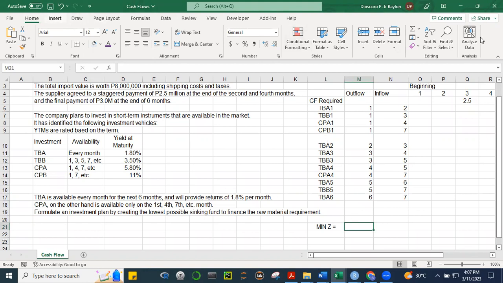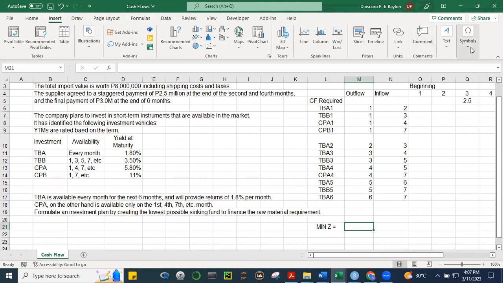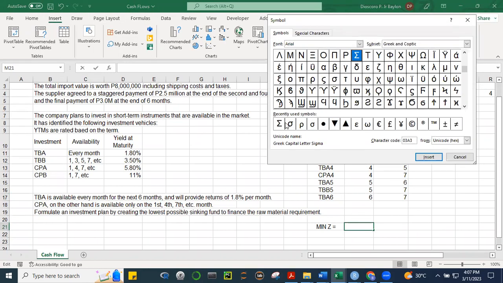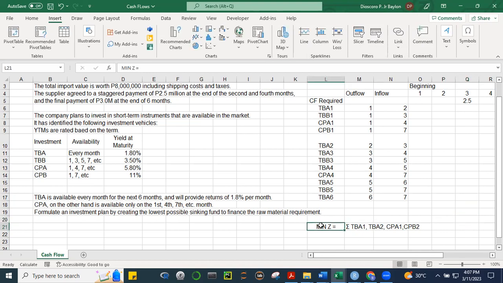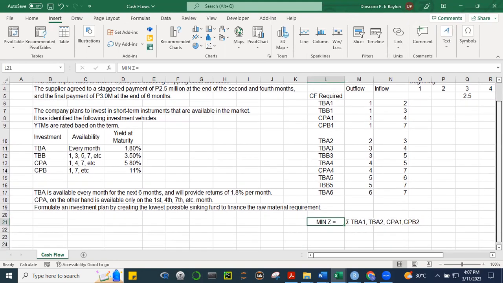so let's write that, insert symbols. So it's the sum of TBA1, TBA2, and then CPA1, and then CPB2. All right. So there. We're only going to minimize the initial investment, and the initial investment is the sinking fund.